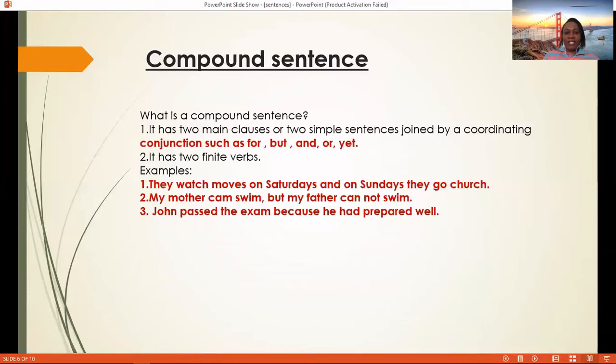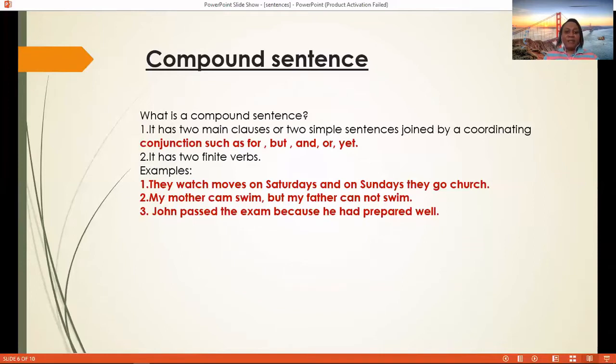Right, let's look at examples that we have there on the compound sentence. They watch movies on Saturdays, and on Sundays they go to church.